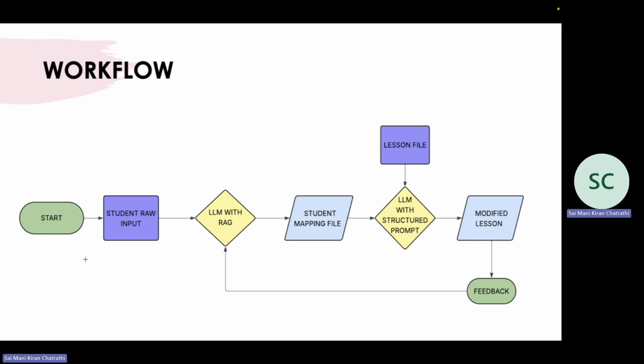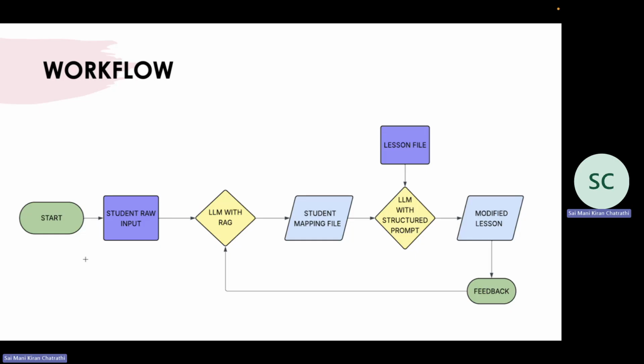For the next model, we are giving it two inputs: the student mapping file as well as the lesson file. It takes the student needs and the particular lesson, and it outputs a modified lesson according to that student's needs. In my prototype I didn't create a feedback loop, but it can be easily implemented, and this is the conceptual picture of it.